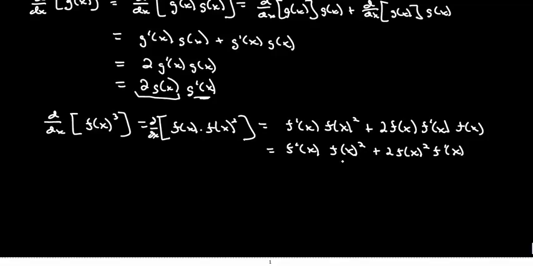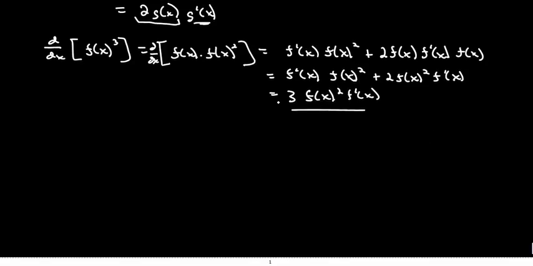Notice that I've got the same thing in both of those. I've got 2 here, 1 here, so I have 3 of them. So if I just rearrange my terms, there it is.